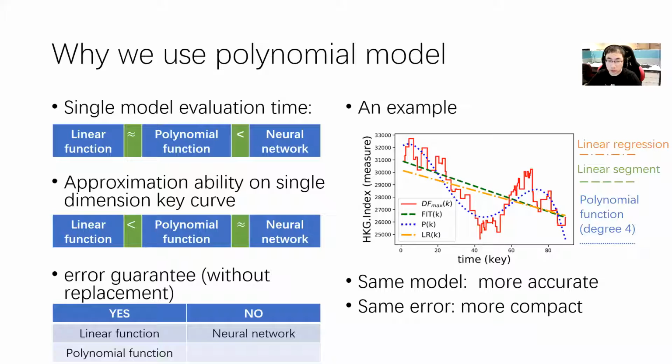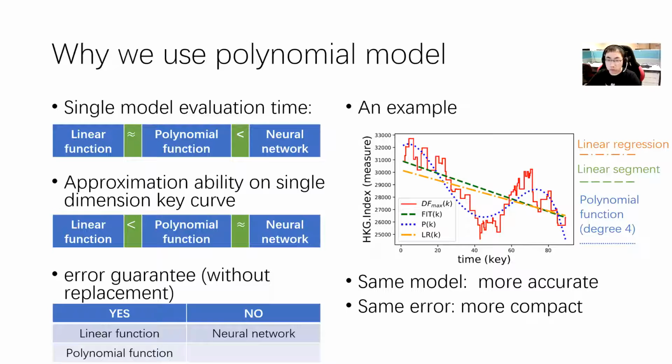And all of them are much less than a simple neural network, like 300 layers, each with maybe 20 units. However, when compared on approximation ability, the maximum error of a polynomial function trained by our method is close to the neural network, and both are better than linear functions.